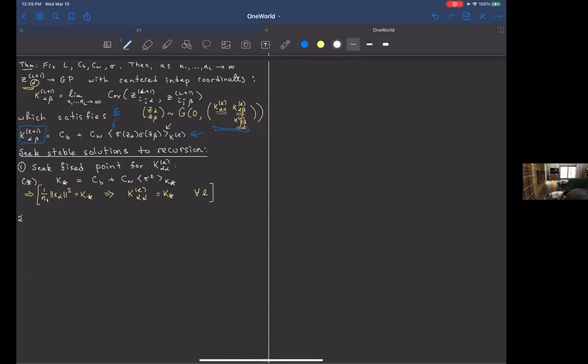So let me draw it this way. Here I am in R^{n_0}. This is my space of inputs. Here's an input x_alpha that belongs to this sphere. The size of the sphere is basically the square root of K star. I'm ignoring my normalization by 1 over n_0.